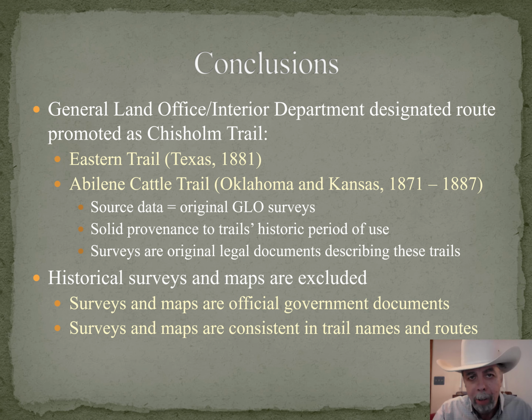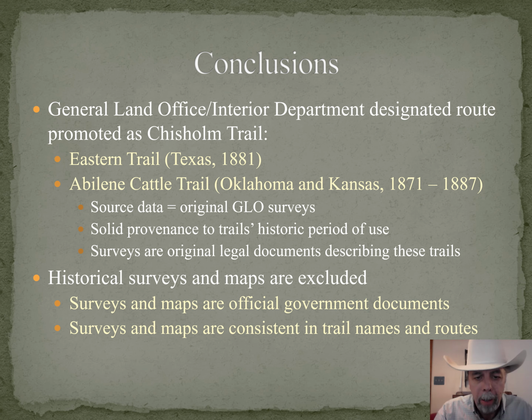The surveys, the General Land Office surveys, are the original legal documents that describe these trails. Other than an occasional vague reference by 20th century authors to government maps with no other information provided, these historical surveys and maps have been excluded.